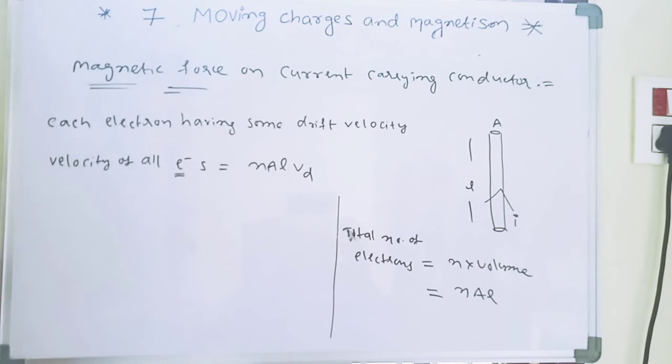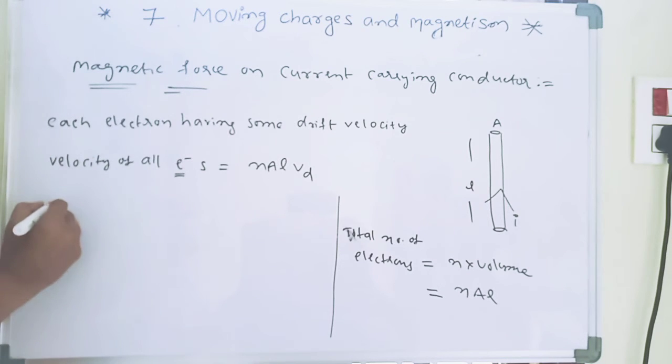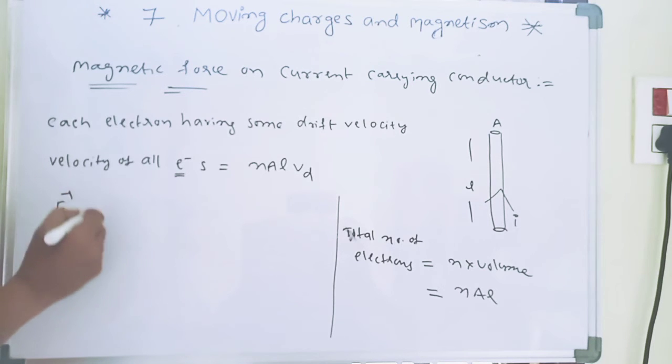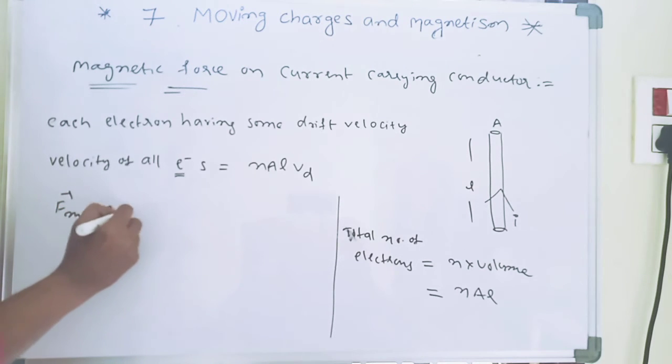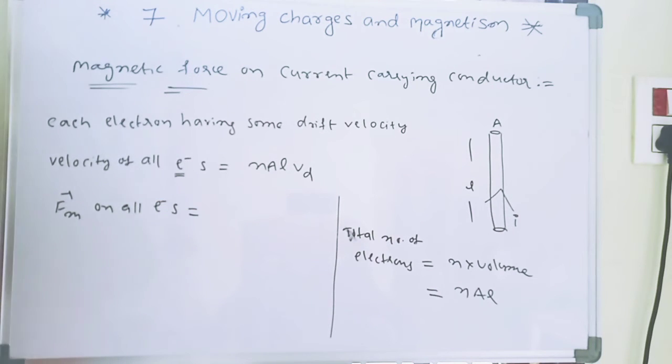Now what is the force on all electrons? Therefore the magnetic force on all electrons. What is magnetic force?